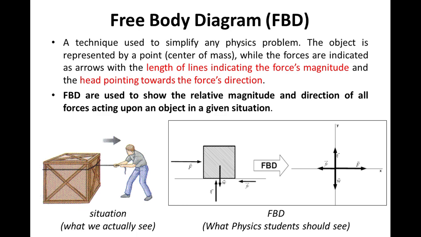If you look closely, we have a downward force denoted by vector W, and also an upward force denoted by N. We can also see that the lengths of these vectors are the same, which means that they have equal magnitude. Since they have opposite directions, these forces just cancel out when we get the net force.